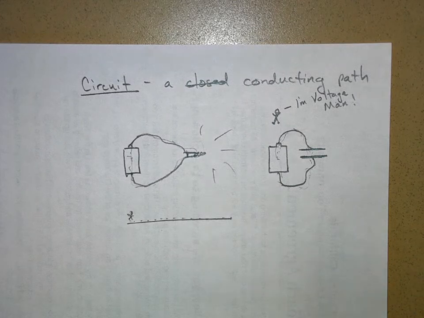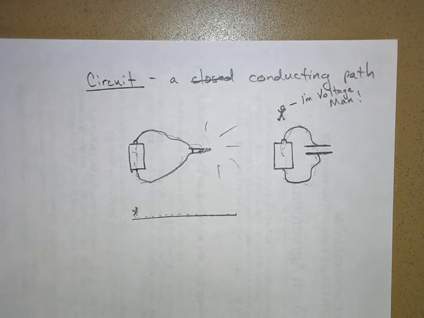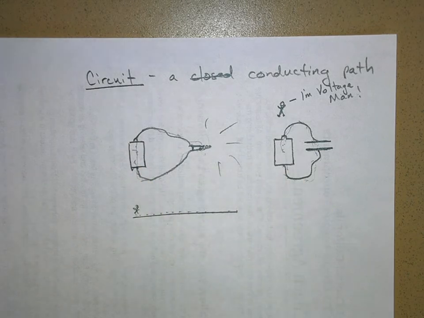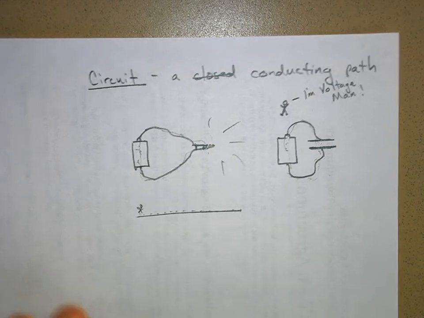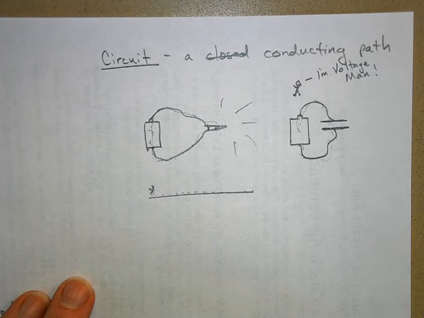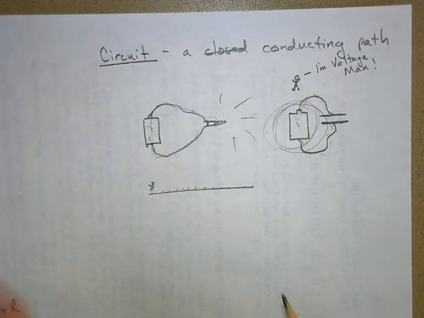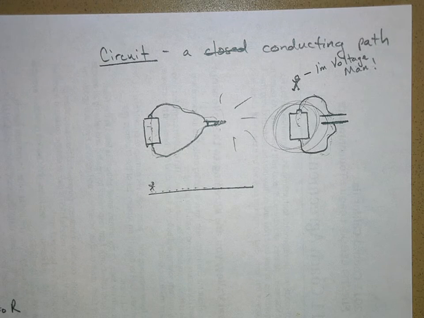Okay, now this is kind of awkward, drawing light bulbs and batteries and things like that. So we have certain symbols that we're going to use that are going to make this practical. Let's talk about the battery, and we're going to talk about batteries in more detail later on. But batteries are often called voltage sources or voltaic piles.